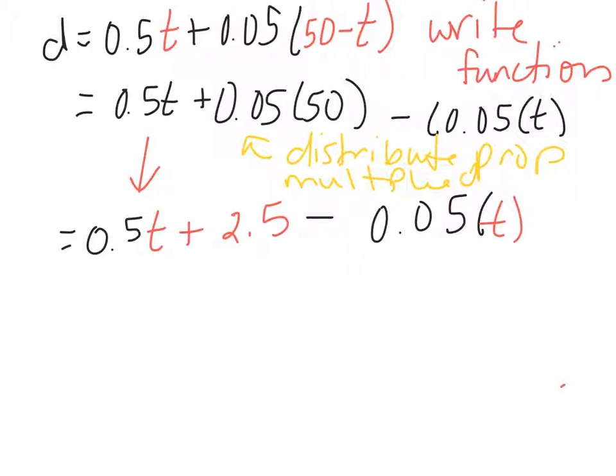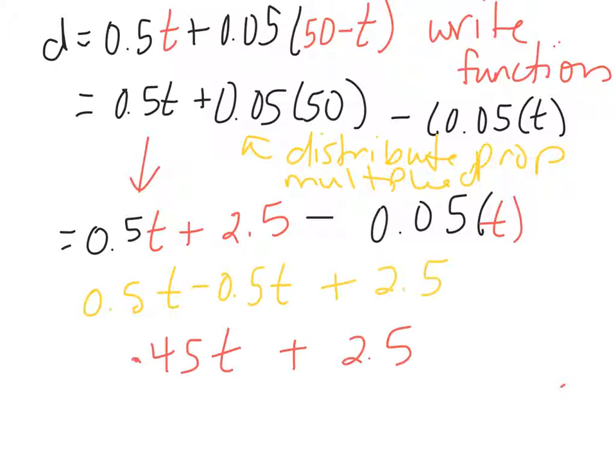Now we can combine like terms. So then we combine like terms, so we get 0.5t minus 0.05t.